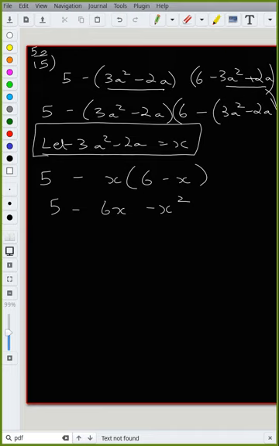Because the product is minus 5x squared and the sum is minus 6x. Product is minus 5x, sum is minus 6. Factors of 5: 1 and 5. Yes.